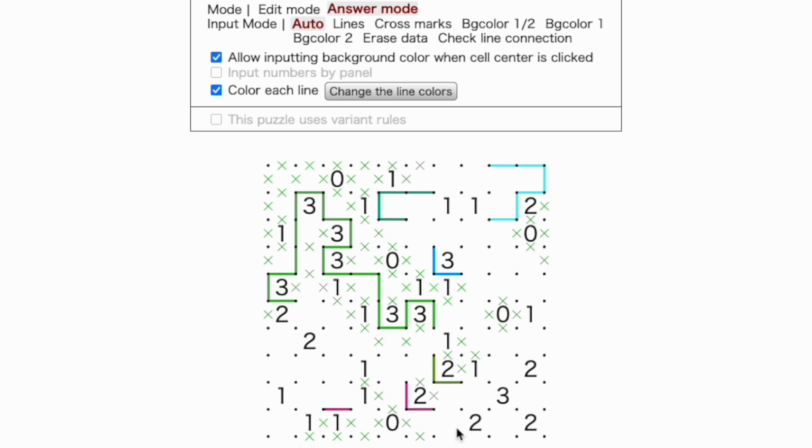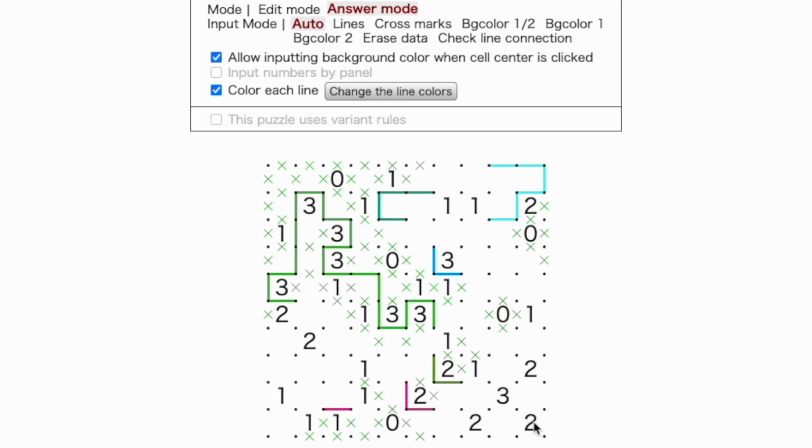Let's see, the one clue here. One of the challenges with doing the test solve of your own puzzle is trying not to use knowledge that you have about the solution and trying to put yourself in the mindset of someone seeing it for the first time.